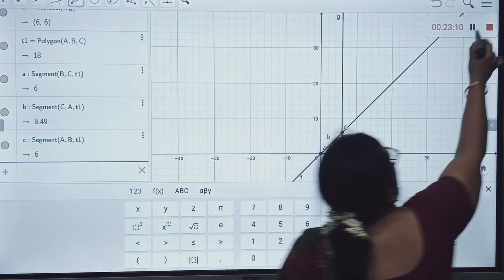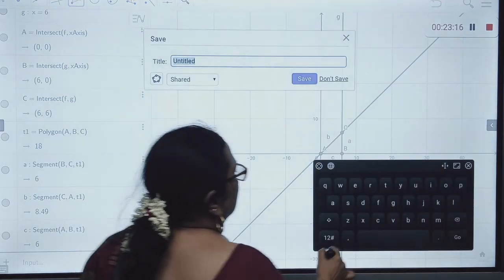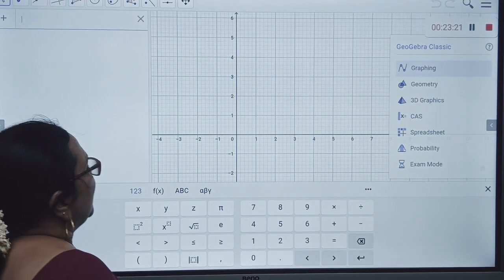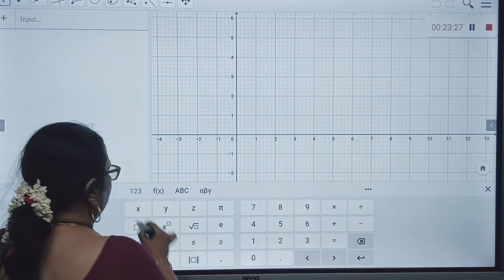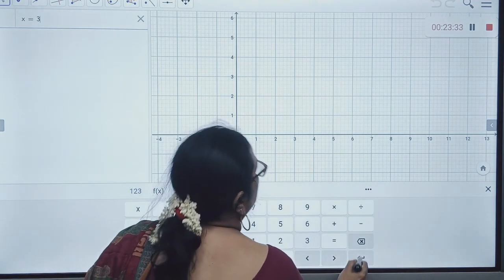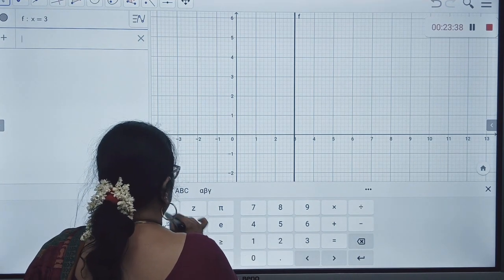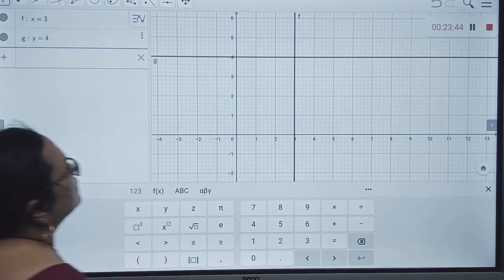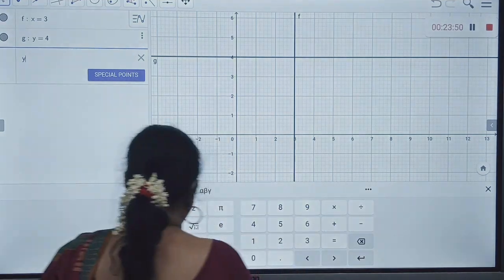Okay, so we'll open a new page. So we have x equal to 3. So in the input box, we will type x equal to 3 and then you have y equal to 4 and you also have y equal to x.